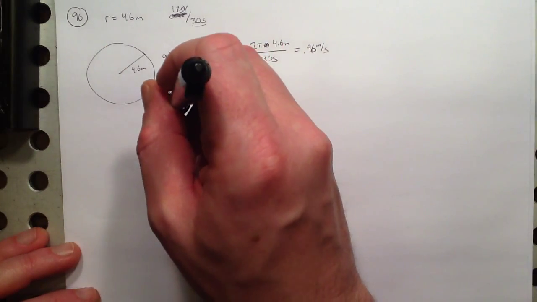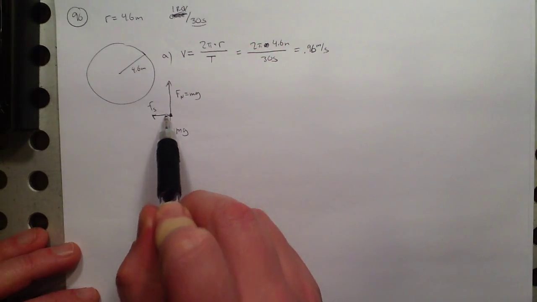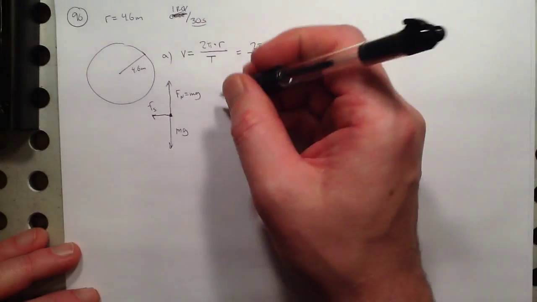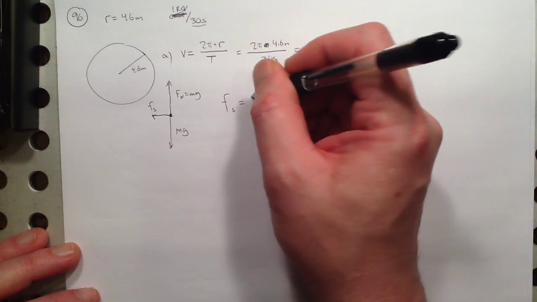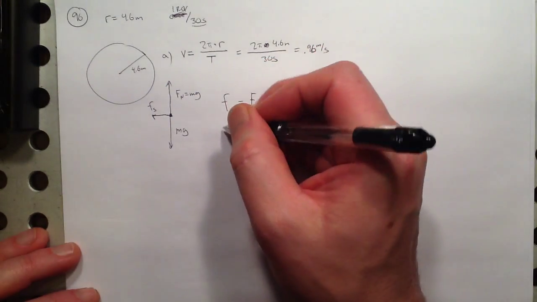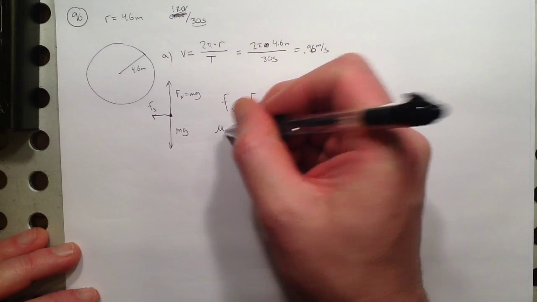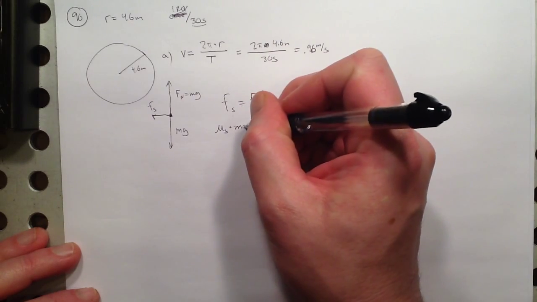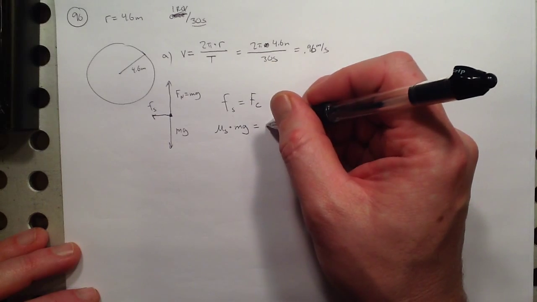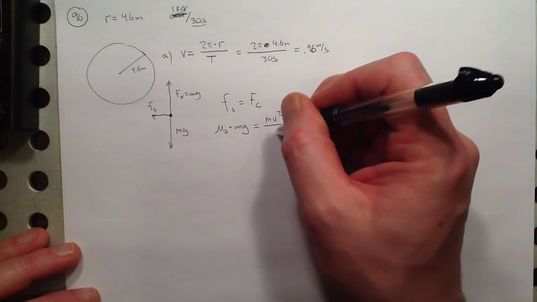Doing the same kind of diagram where I'm imagining that the basket's going into the page and going around the circle like this. So that means the unbalanced force toward the center of the circle is coming from static friction. So the static frictional coefficient times the normal force would be equal to mv squared over r.